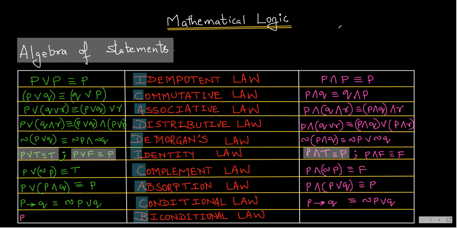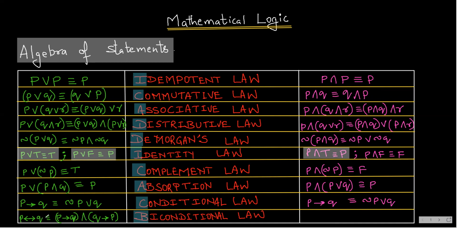You know that P double implication Q is nothing but P implies Q and Q implies P. What is P double implication Q equivalent to?